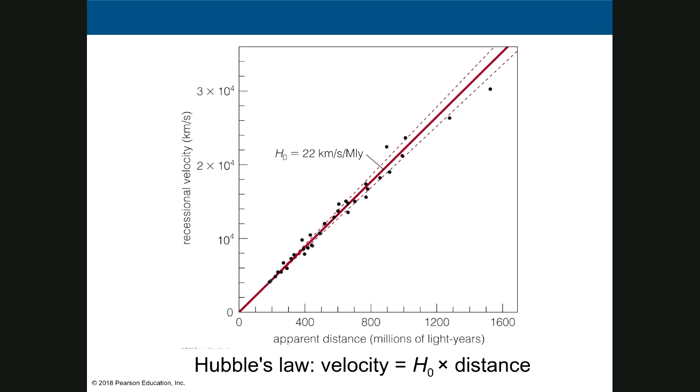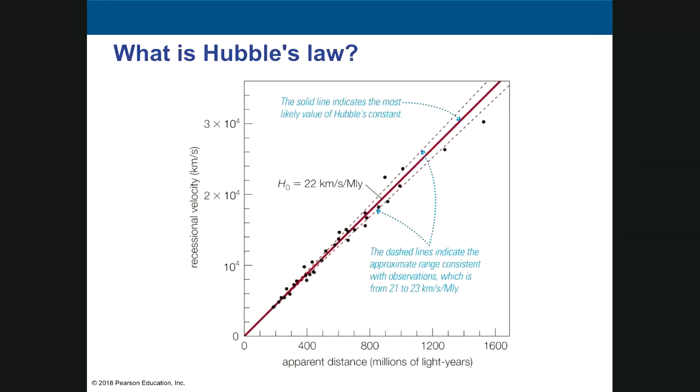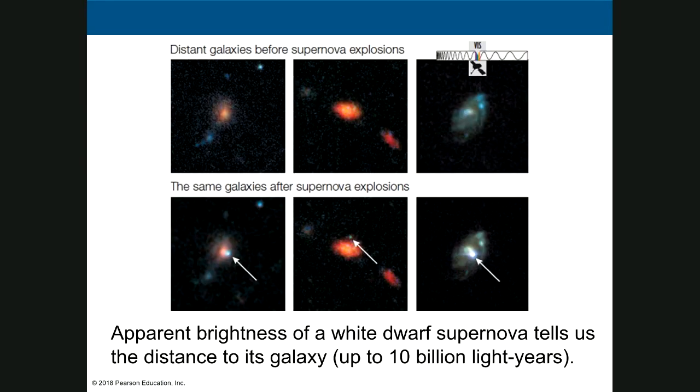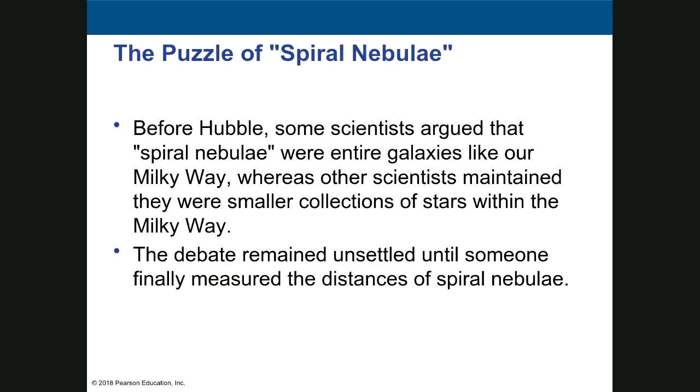Now, there's an interesting topic interjected here that is very much worth talking about. And that is, when did we realize that we were a universe of galaxies? Again, only about 1920. So before Hubble and his discovery that we were indeed a universe of galaxies, some scientists argued that objects known as spiral nebulae might be entire galaxies like our own Milky Way, whereas it was also a very mainstream position that they were smaller collections of stars within our own galactic structure.